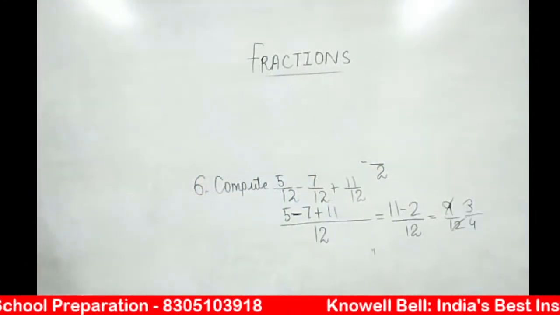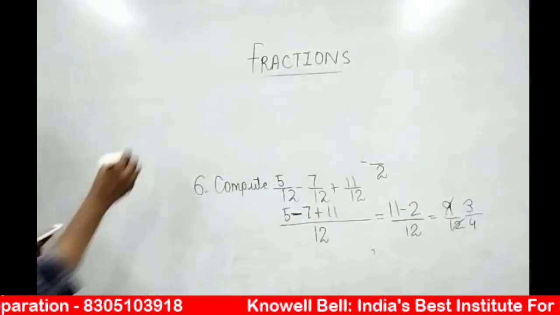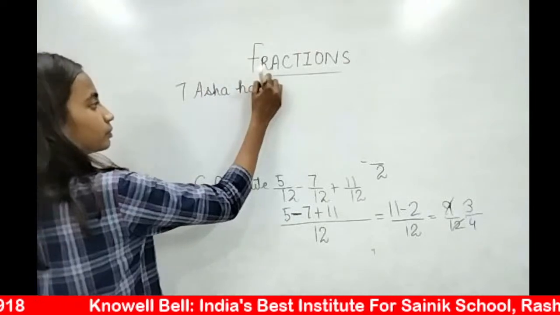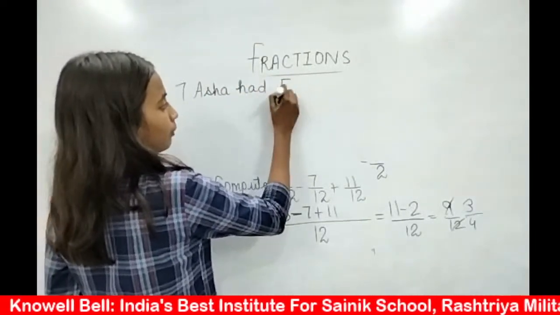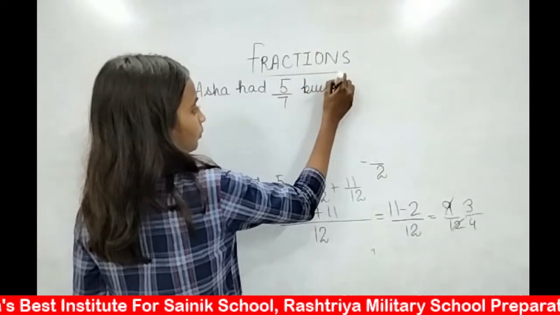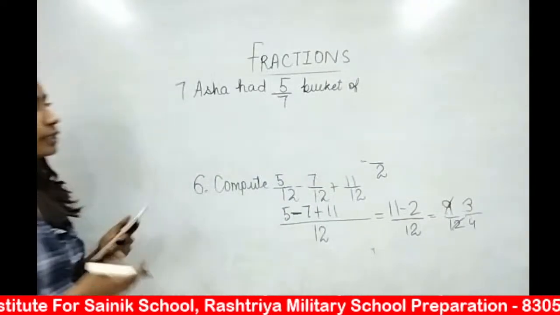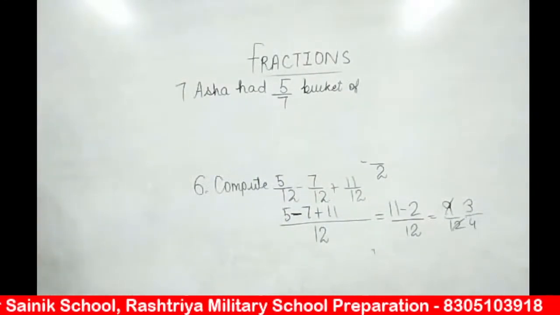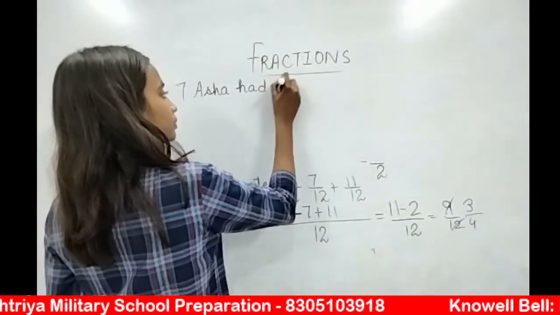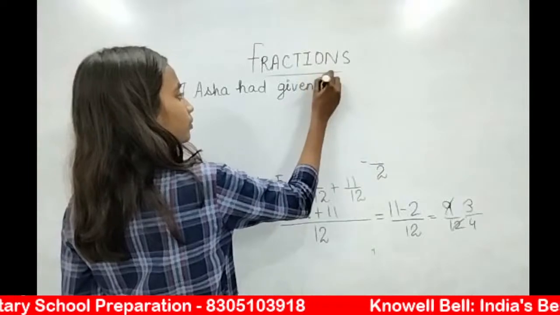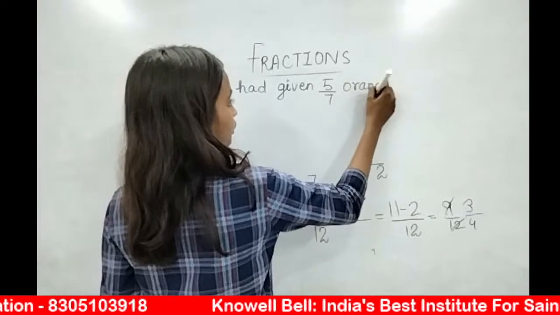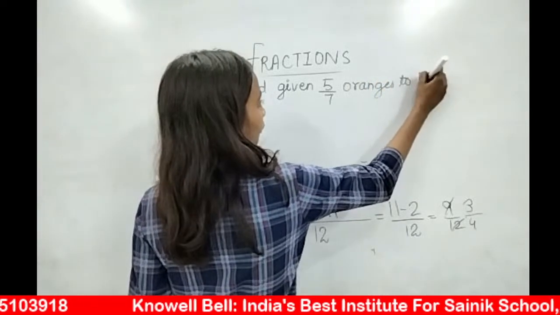Okay. Question number 7. Asha had 5 by 7 bucket of oranges. How many buckets of oranges did Asha have? Asha had given 5 by 7 oranges to Neeta.